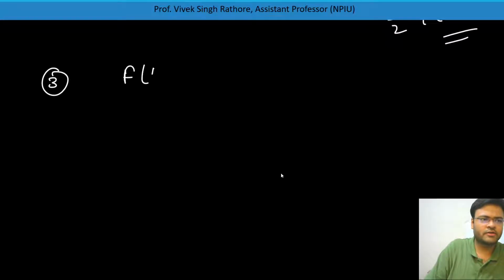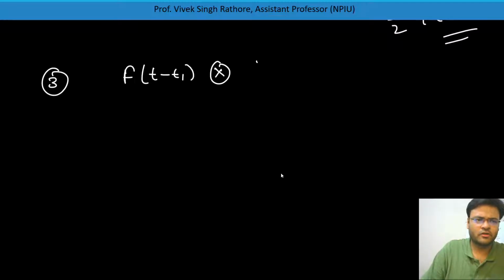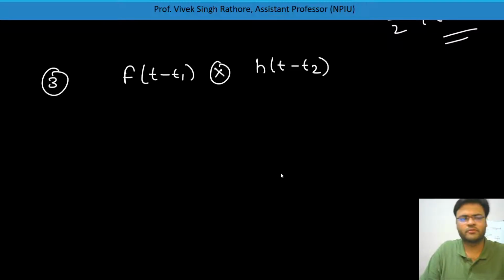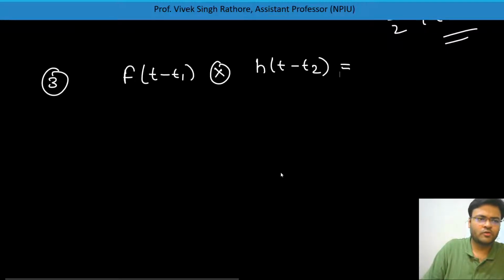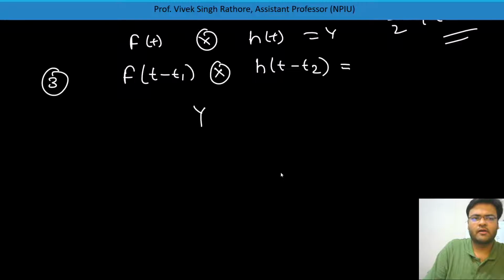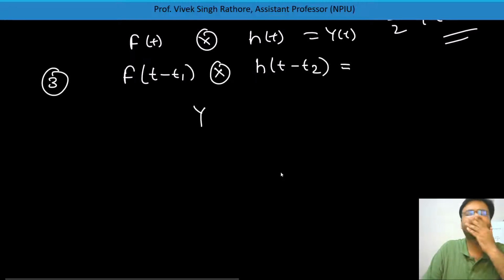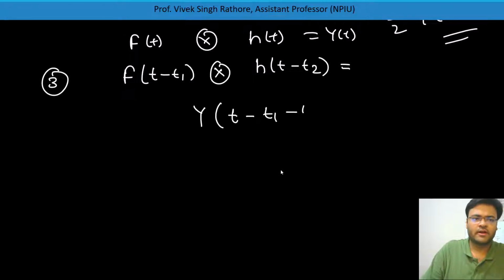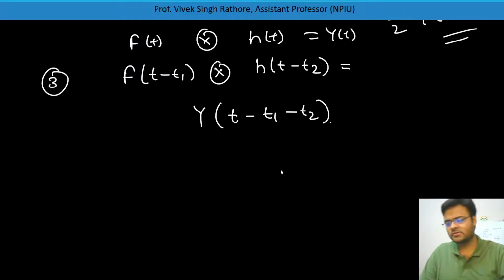If we do time shifting in the input and also some time shifting in the impulse response, what output will you get? If f of t convolved with h of t was y of t, then with t minus t1 and t minus t2, you will get the output y of t minus t1 minus t2.